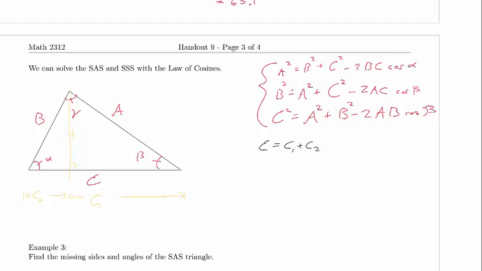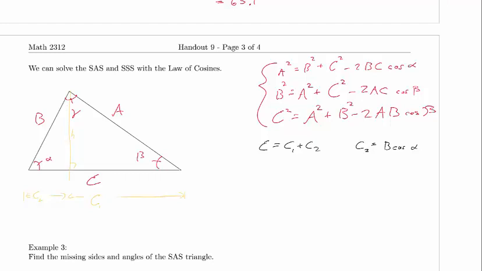So C2 equals B sine alpha. Sorry, cosine alpha. B cosine alpha.